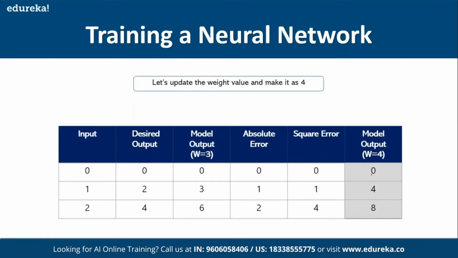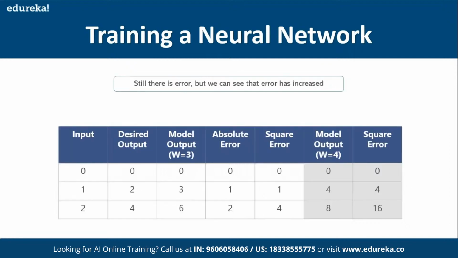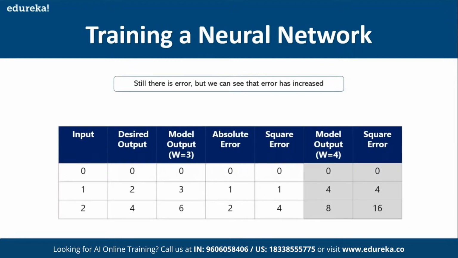I get the values 0, 4 and 8: 4 into 0 is 0, 4 into 1 is 4, 4 into 2 is 8. Then I get my absolute and squared error directly: the squares are 0, 4 and 16.